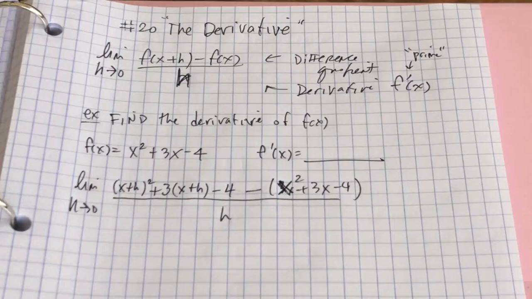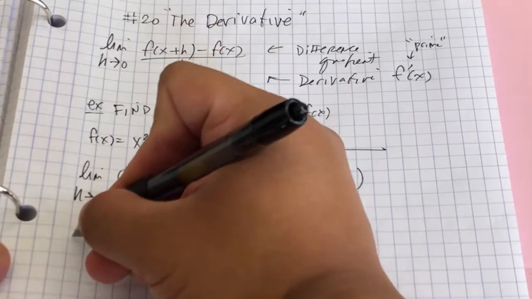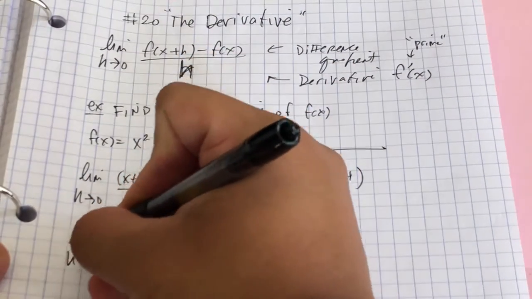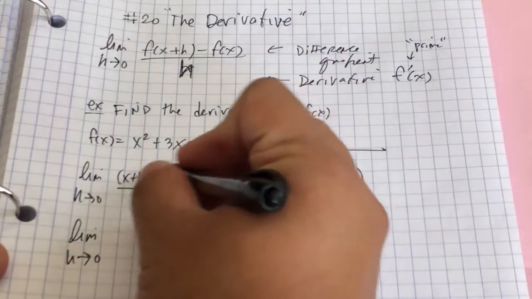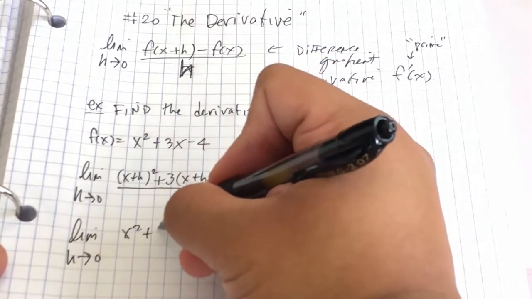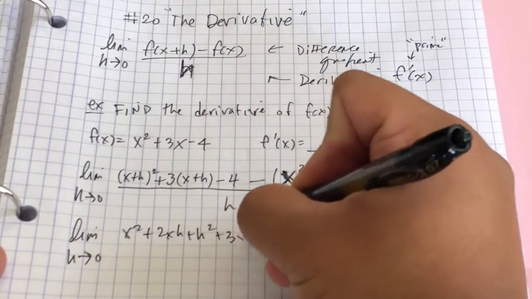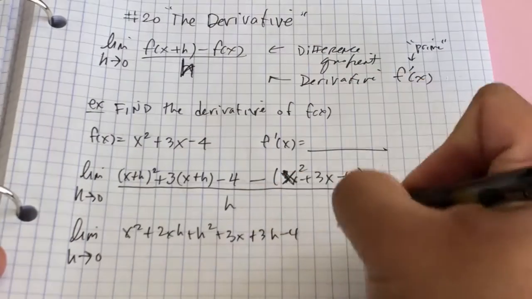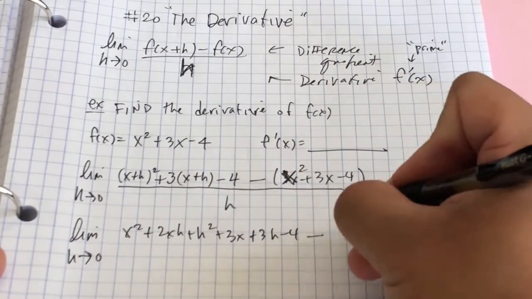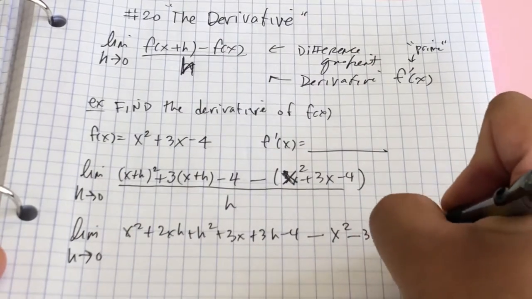My bad. Okay, then the goal was to go ahead and try to multiply everything out to see if things would cancel. So I rewrite the limit again. I'm going to multiply this out because I know how to multiply that out in my head now. That is x squared plus 2xh plus h squared, distributing the 3, 3x plus 3h minus 4 minus x squared minus 3x plus 4.